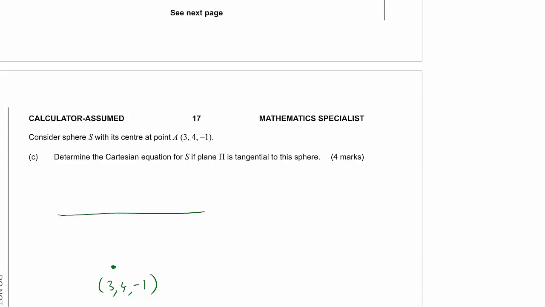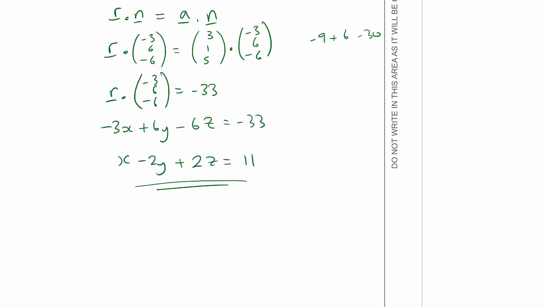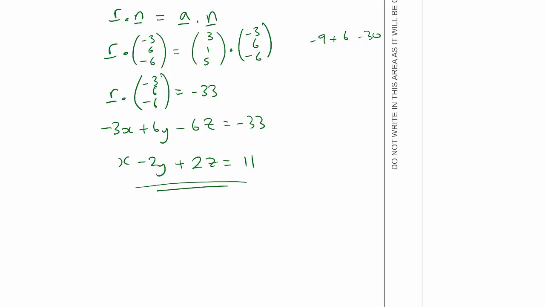So if we take this line so that that's perpendicular, this line here would have equation r equals 3, 4, negative 1 plus lambda. Now, it's normal to the plane, so we could use negative 3, 6, negative 6, or here we could use 1, negative 2, 2.